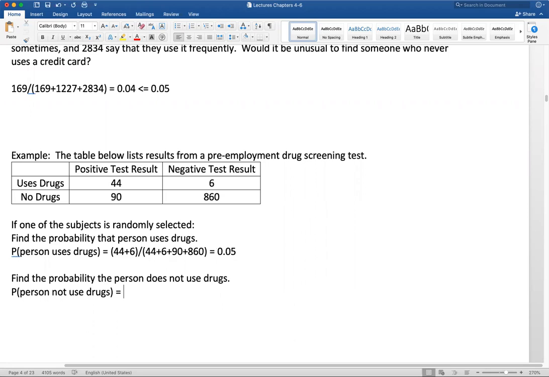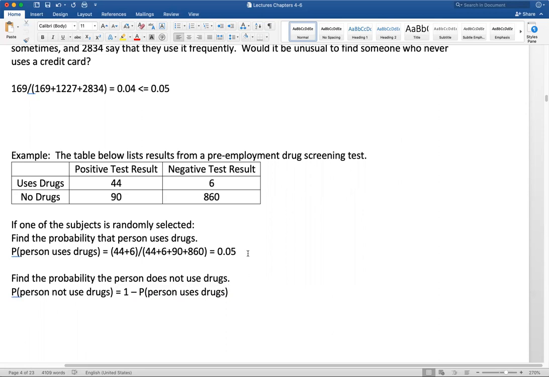Because we have only two outcomes, use drugs and not use drugs, this is going to be 1 minus the probability the person uses drugs. Keep in mind that 1 means the sum of all probabilities under the experiment must equal 1. So 1 minus the probability the person uses drugs is equal to the probability that the person does not use drugs.